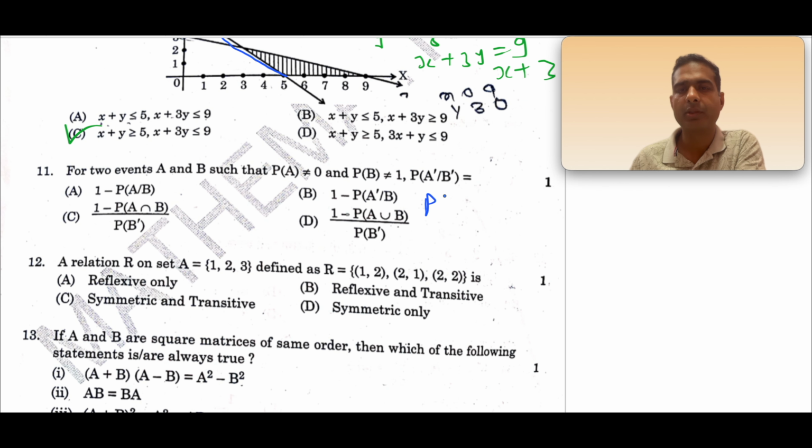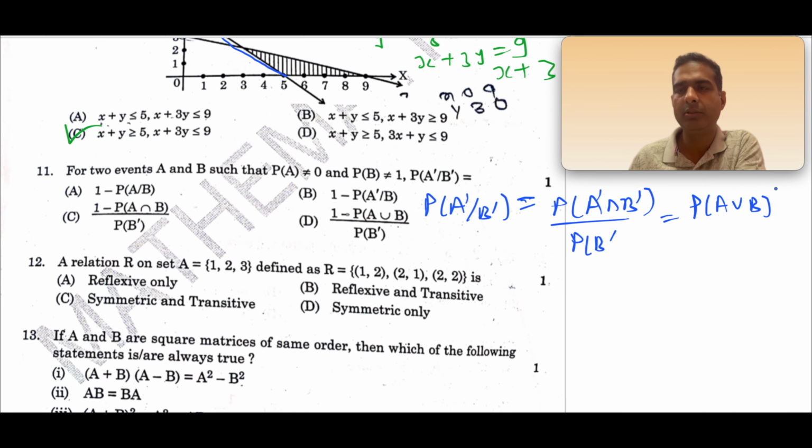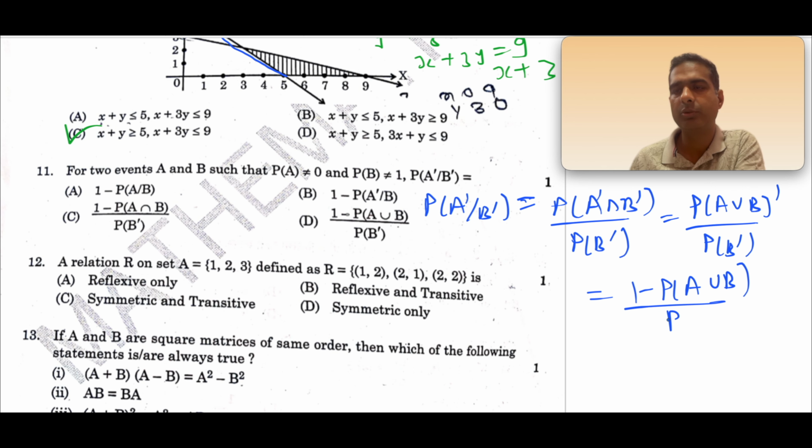So we know probability of A naught over B naught, we can write this as probability of A naught intersection B naught over probability of B naught, which can be written as probability of (A union B) complement over probability of B naught. And probability of (A union B) complement, we can write it as 1 minus probability of A union B over probability of B naught. So option D will be our answer.